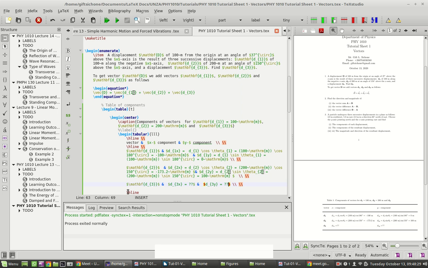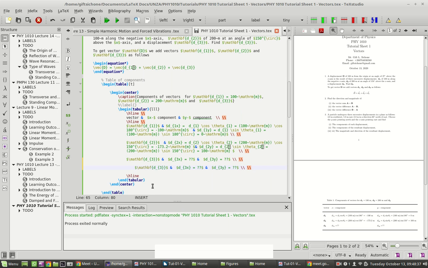The other vector we are looking for is vector D, capital D. We need to find dx, how much is dx, and how much is dy.